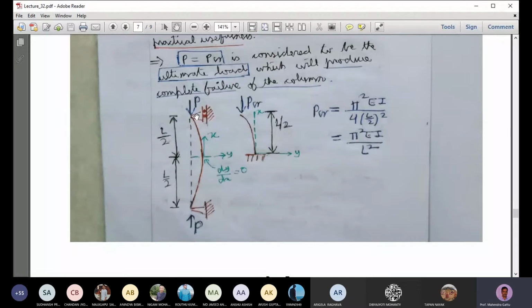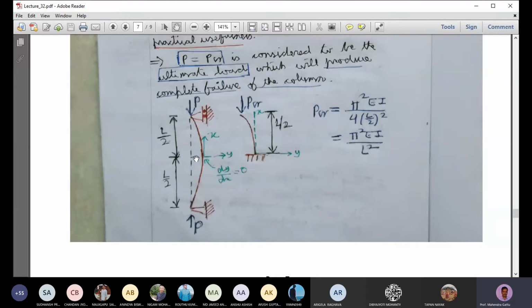Suppose you want to find what P critical is for this simply supported column. So the deflected shape is shown here. There will be no deflection at the pinned connections. There will be maximum deflection at the center line, and at the center line the slope dy by dx will be zero, so the tangent is in the vertical direction at the midpoint.